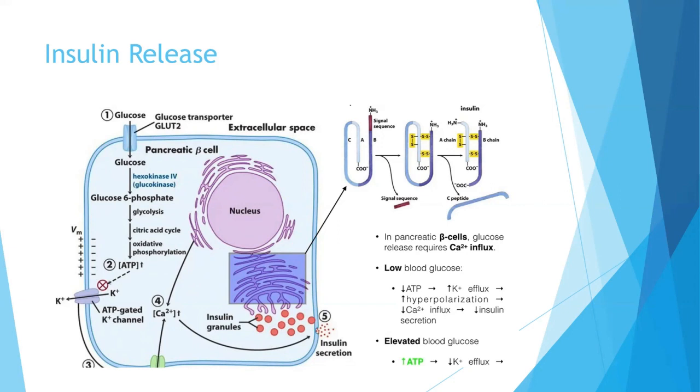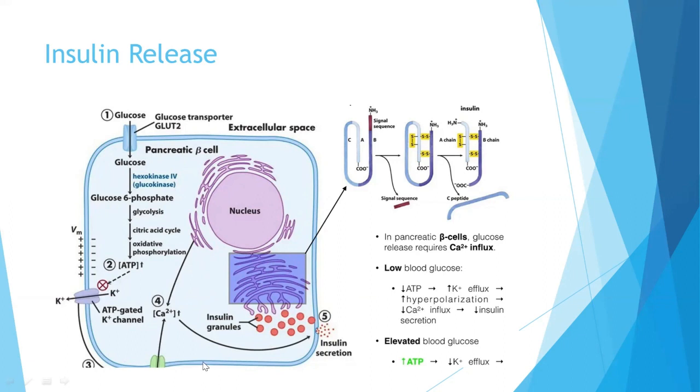Now, in pancreatic beta cells, insulin release requires calcium influx. If there is low blood glucose, then there is decreased ATP, right? Decreased ATP equals increased potassium efflux, because the ATP-gated channel will not be closed, which will lead to hyperpolarization, and there will be decreased calcium influx.